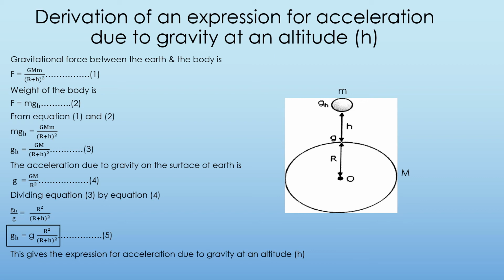Now taking g to this side, g_h, that is the acceleration at altitude h, is equal to g R square by R plus h whole square. We consider this as equation 5. So this gives the expression for acceleration due to gravity at an altitude h.